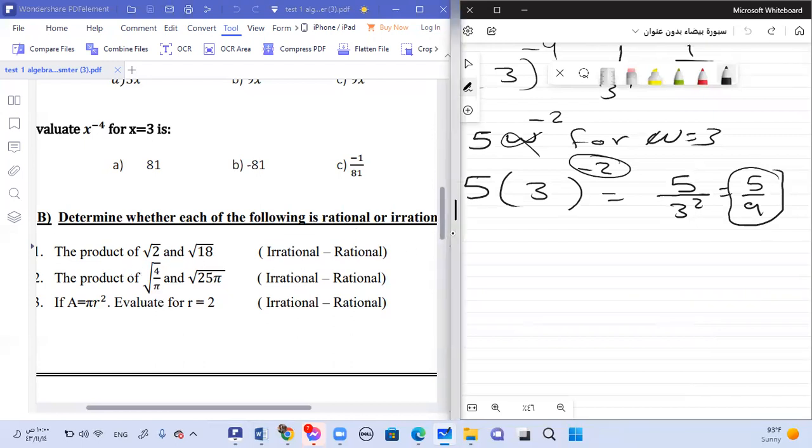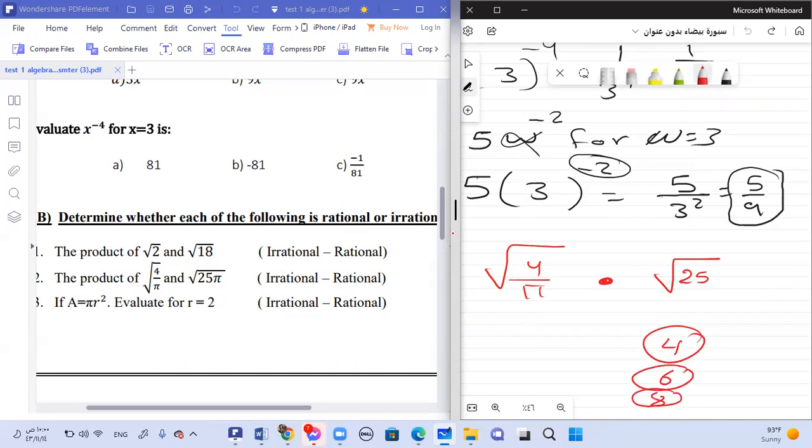Another exercise, find the product of square root 4 over pi multiply square root 25. If the answer is a whole number like 4, 6, 8, 9 without decimals, it represents a rational number. Okay, it represents a rational number.